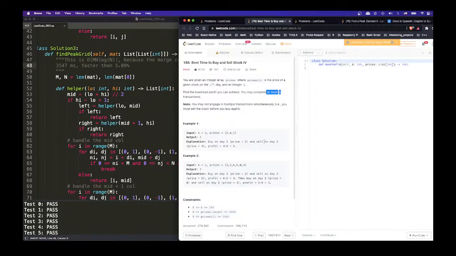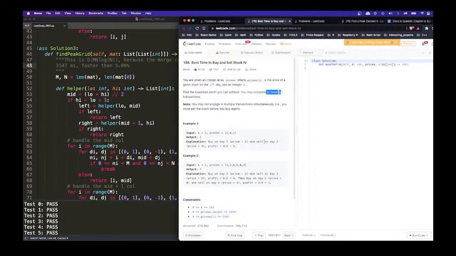State machine, we have a buy and then we have a sell, right? So after you buy, you can sell, or you can do nothing. After sell, you can go buy, or you can do nothing, right? That state machine is quite simple.